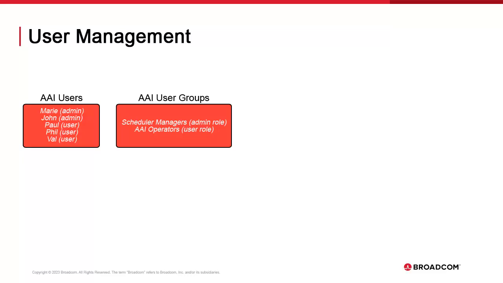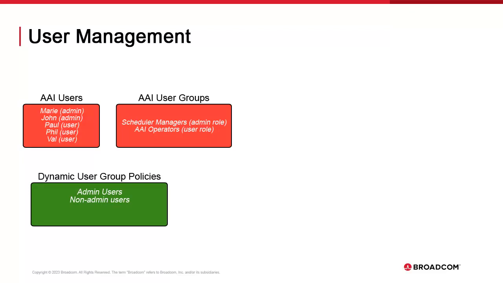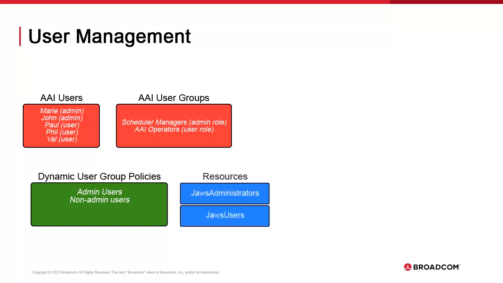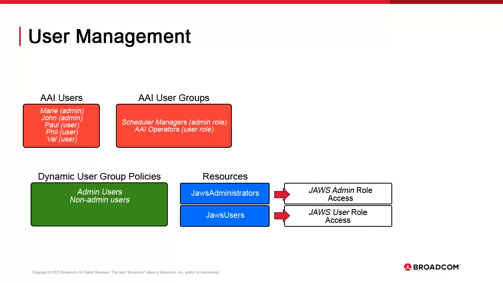When we registered the AAI application in eEM, two dynamic user group policies were generated, admin and non-admin. We also loaded two resources called JAWS administrators and JAWS users, which are mapped directly to the admin and user roles respectively by way of the API. The admin group policy is given the admin resource, and the user dynamic group policy is given the user resource.